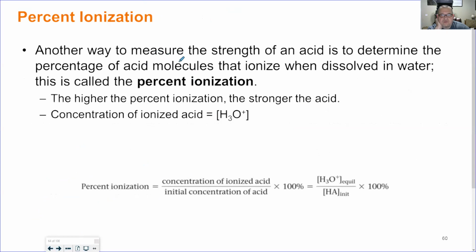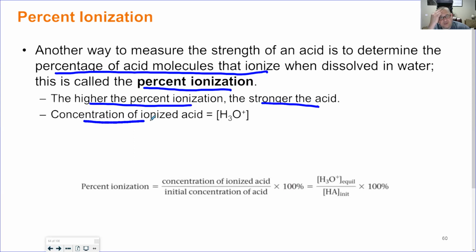Another way to measure the strength of an acid is to determine what percentage of the acid molecules ionize when dissolved in water, and that's called the percent ionization. So the higher the percent ionization, the stronger the acid. And we call this the concentration of the ionized acid.